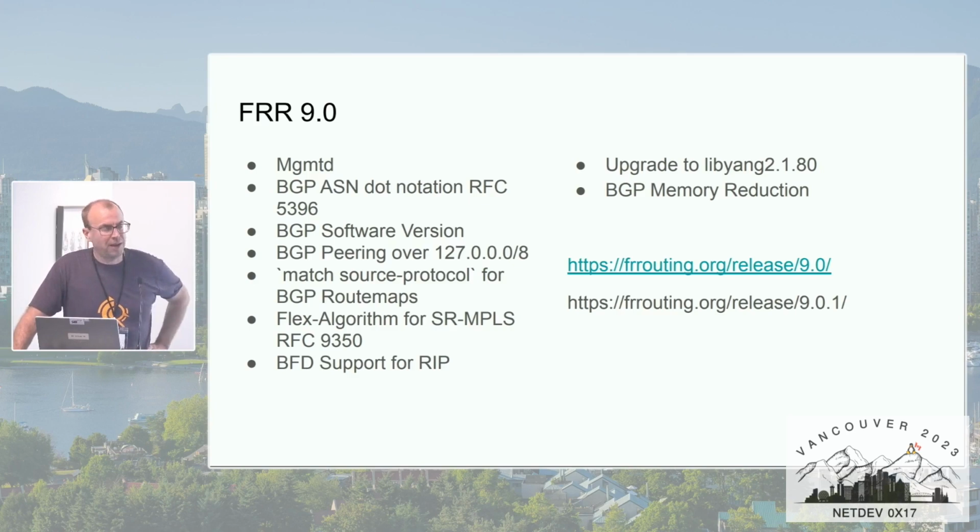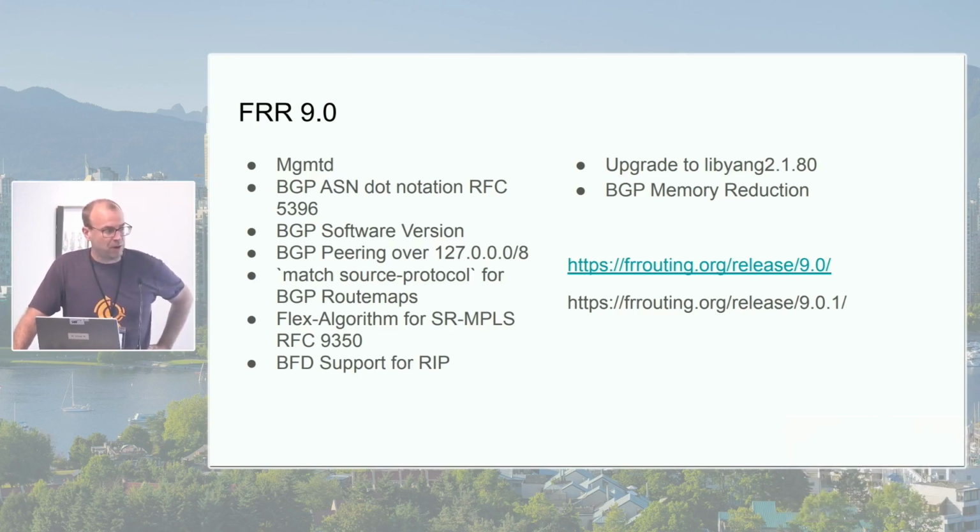The libyang developers are making changes that are sometimes backwards incompatible with current versions of FRR. So always test libyang 2 and make sure you're not using something that doesn't work. And I mentioned 2.1.80 specifically because that's something that we've tested with ourselves and what we use internally. There are later versions of libyang 2 that just don't work. So just be aware of that.